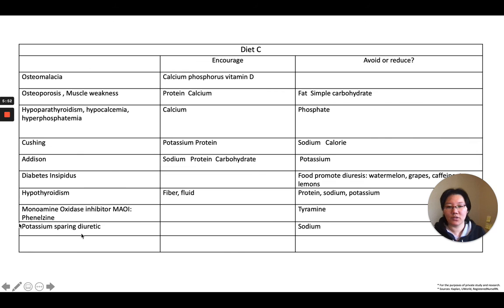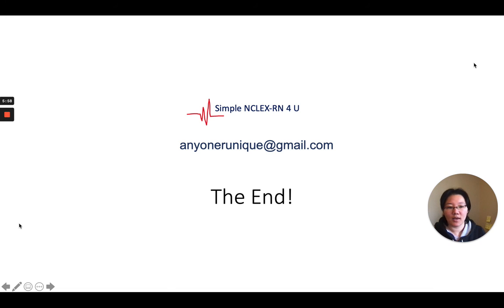Again, conditions, encourage diet and avoid or reduce. And that's it. So quite simple, just simplify it. And then you can also provide an explanation next to it of why they encourage this food and why we avoid this food, if it helps you to understand and memorize a bit better for the exam.